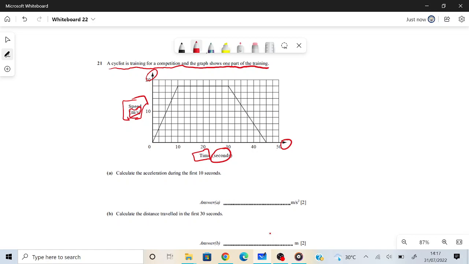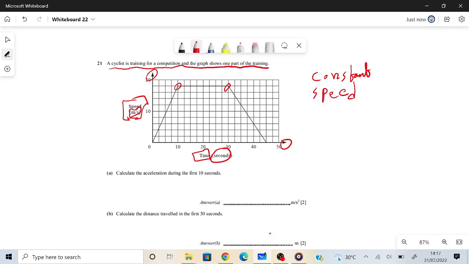Now in a speed time graph, when you have a straight line, in this case from here to here, this means that the object or person, or any sort of thing that's in motion, is at constant speed. Please do note that this is only for speed time graphs. For distance time graphs, there will be another video coming up on that. So in a speed time graph, a straight horizontal line represents constant speed.